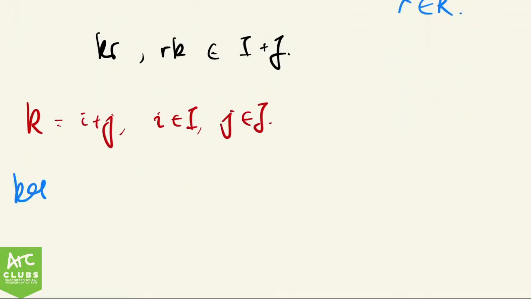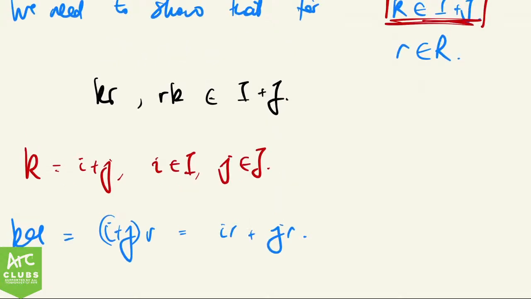kr then equals (i plus j) times r, which equals ir plus jr. And if you think about it, because I and J are ideals, that means that this thing has to satisfy the ideal property, which means that i being an element of I, r being an element of R, must also give an element of I, right?